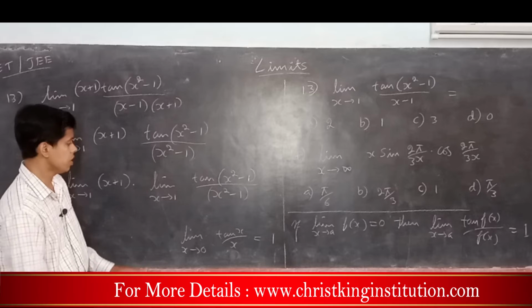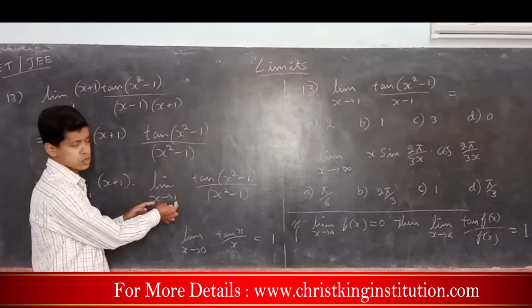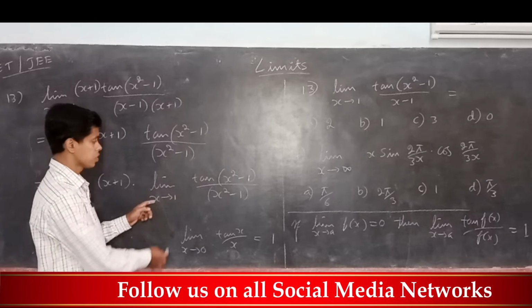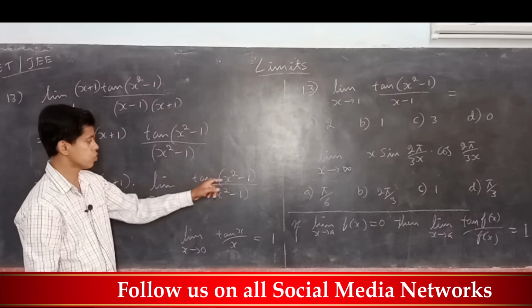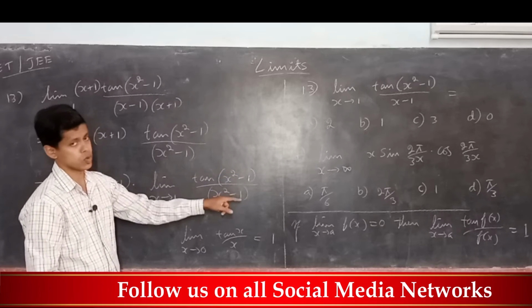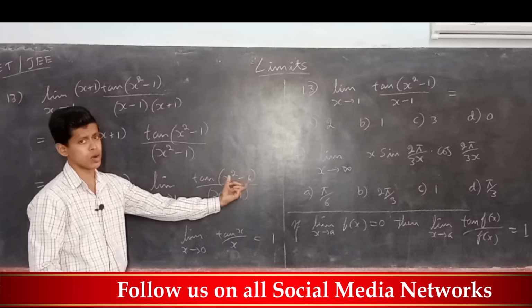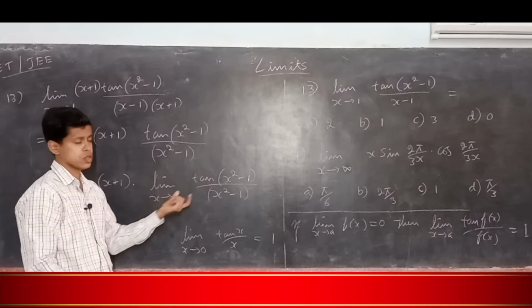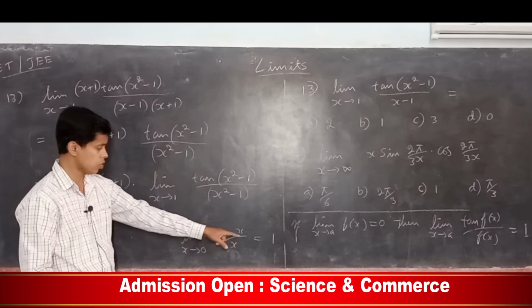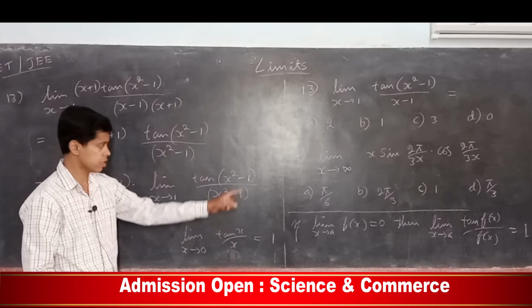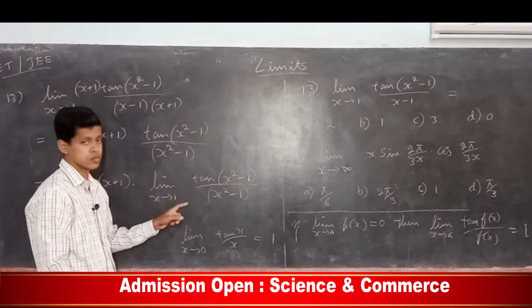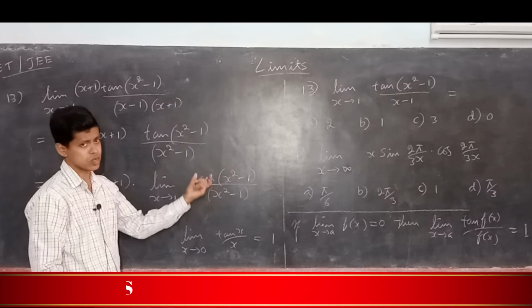Alright. So, similarly, when x becomes 1, what happens to tan of x square minus 1 by x square minus 1? See, this part will be 0, right, when x becomes 1. So, similarly, when x becomes 0, this part will be 0, correct. So, now these two parts will become 0. So, it is not 0 by 0, tan 0 is 0.